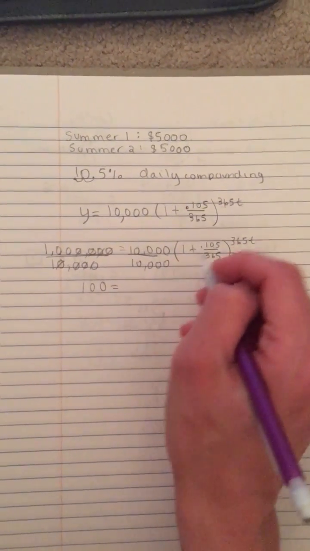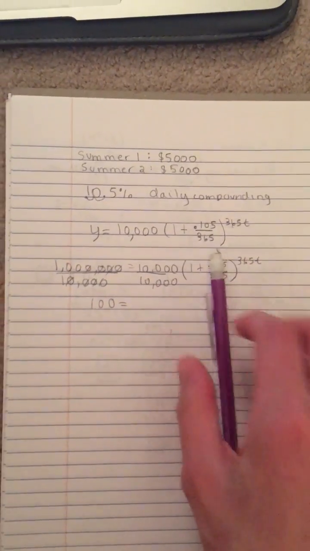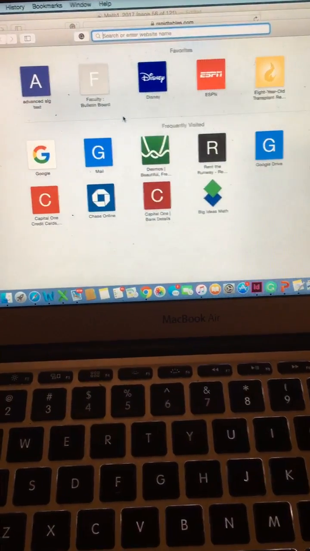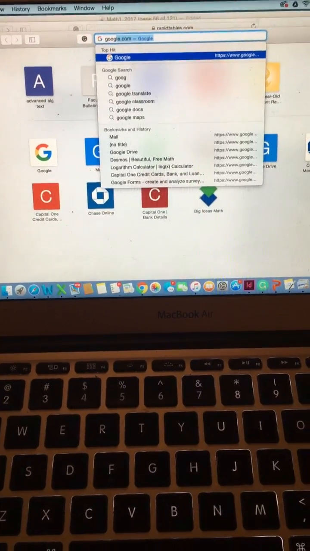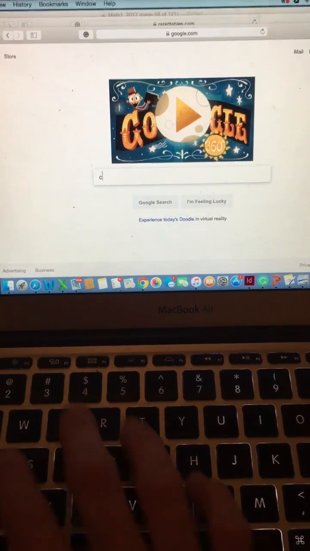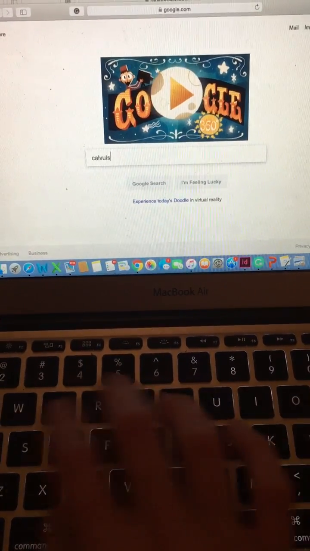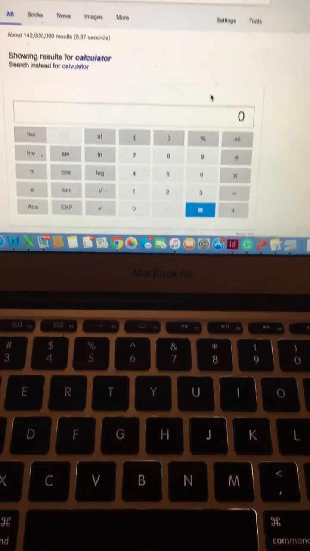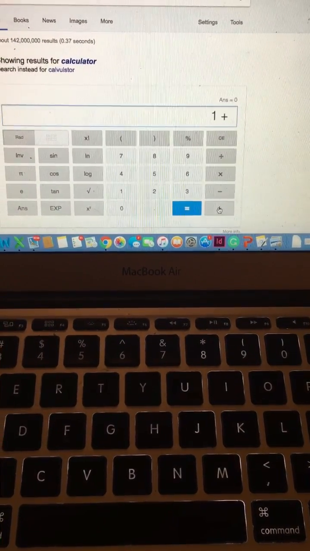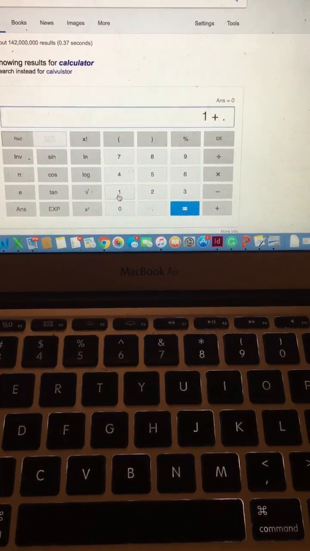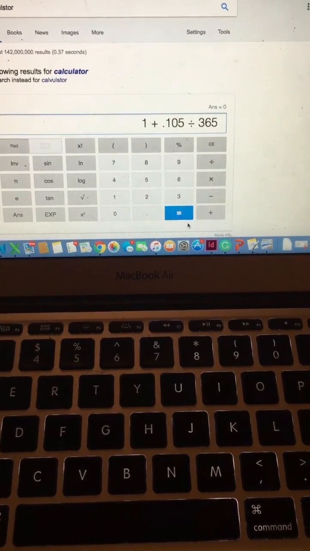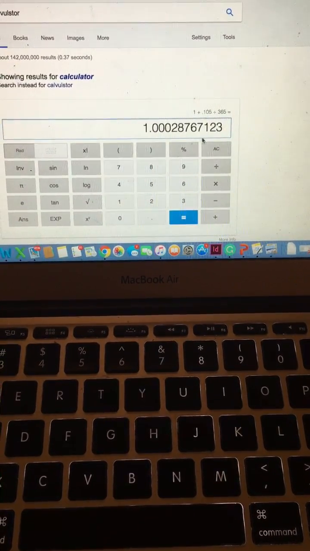All right, so this value, I'm going to break out the Google calculator. File, new window. Google, give me a calculator. Oh, didn't spell that right, but Google knows. 1 plus 0.105 divided by 365 is equivalent to a very small decimal.